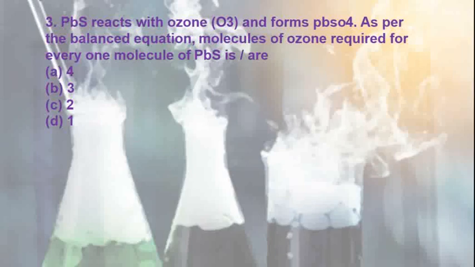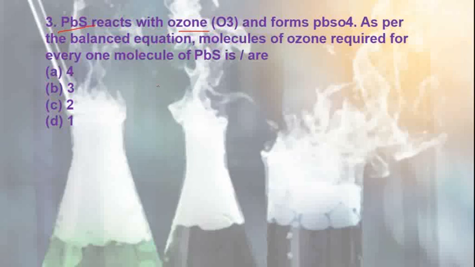Here they have given that PbS, lead sulfide, reacts with ozone O3 and forms PbSO4. As per the balanced chemical equation, how many molecules of ozone are required for every one molecule of PbS?